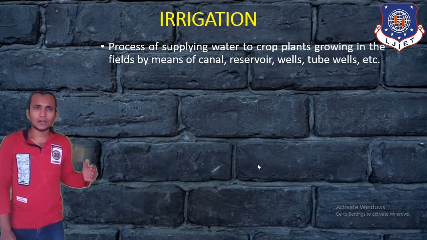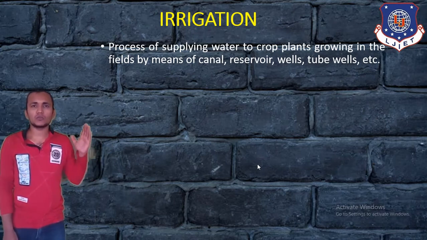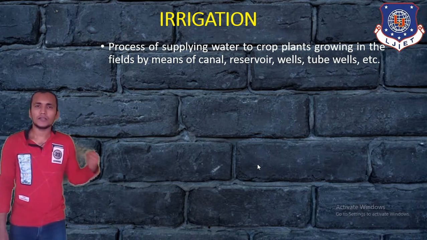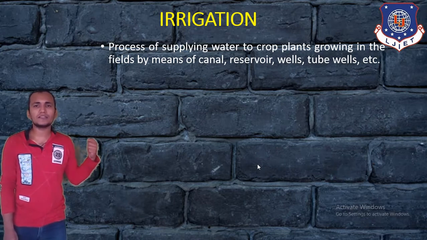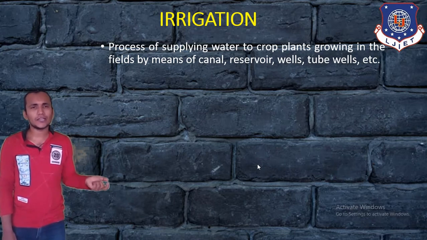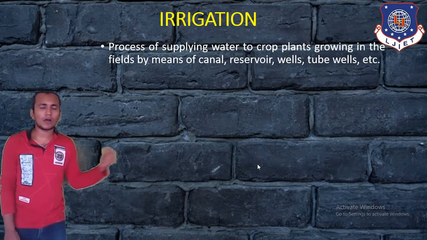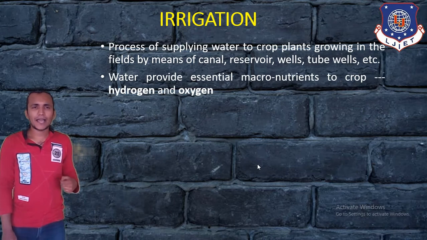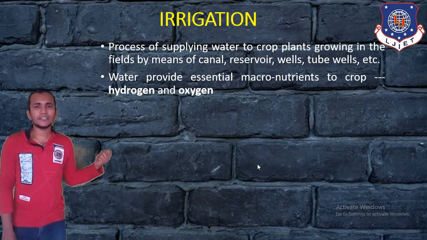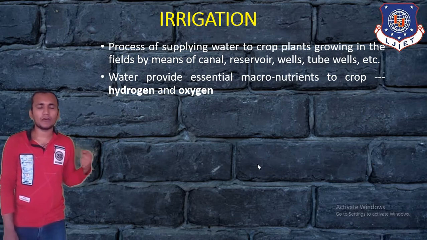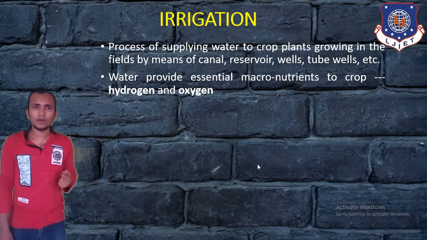The irrigation system is the system having a process of supplying water to crop plants growing in the field by means of canal, reservoir, well, tube wells, etc. So irrigation means we have to supply water to the crop or plant. The water provides essential nutrients to the crop, that is hydrogen and oxygen, which we already know is H2O. So that is the irrigation system.